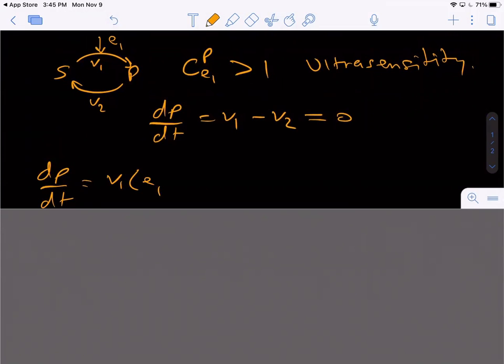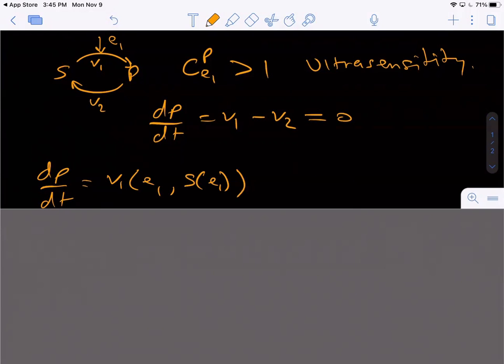It's also a function of S. By the way, I'm going to assume that these reactions are irreversible, so V1 is only a function of S. But S is not an independent variable, it's a dependent variable, and S itself is a function of E1. So if I change E1, I will affect S.